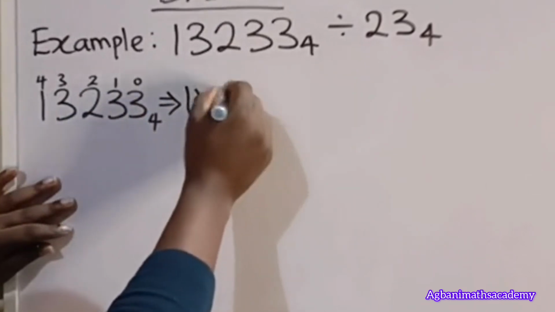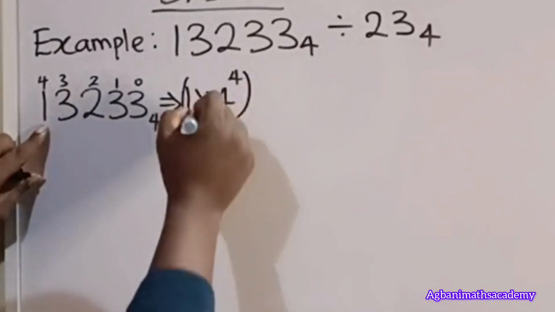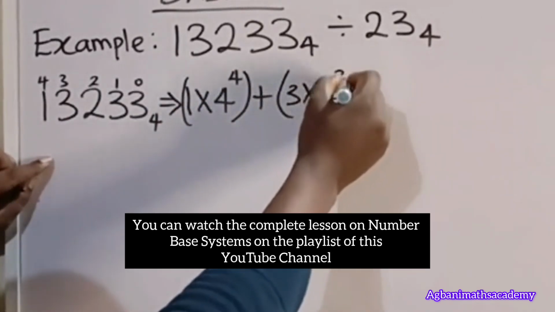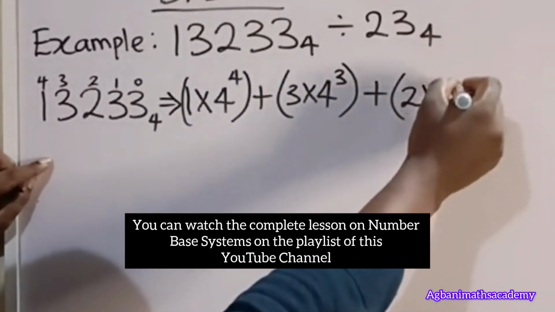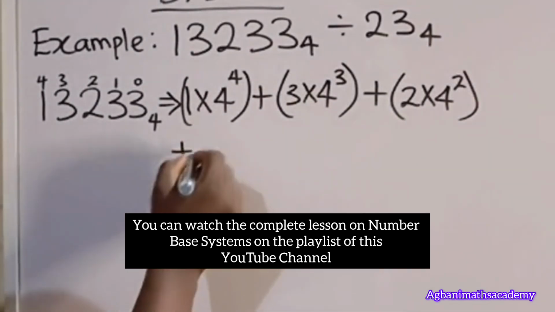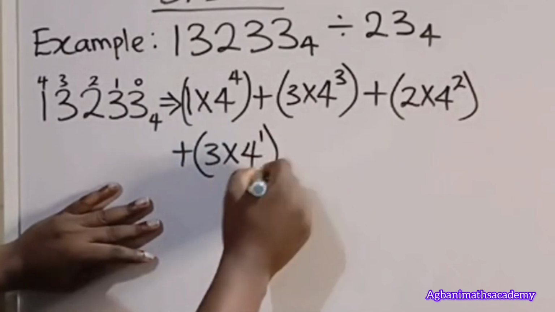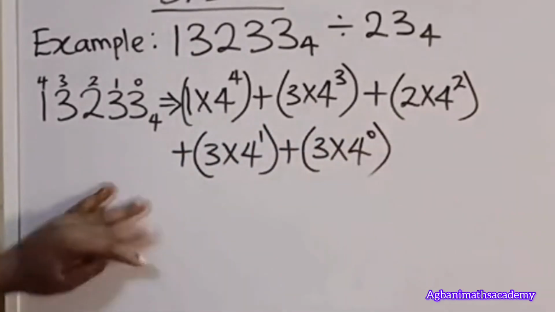So what this means is 1 times 4 to the power of 4, let me put them in brackets, plus 3 times 4 to the power of 3, plus 2 times 4 to the power of 2, plus 3 times 4 to the power of 1, plus 3 times 4 to the power of 0.